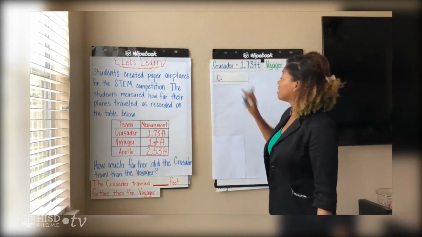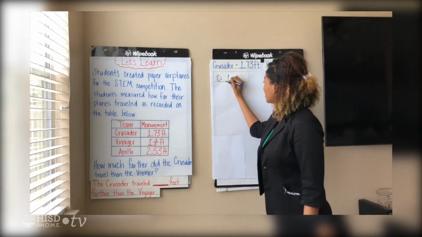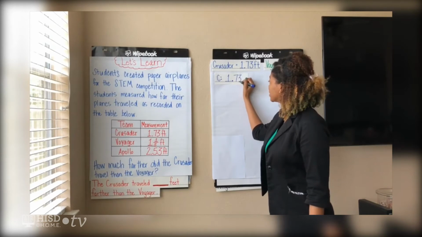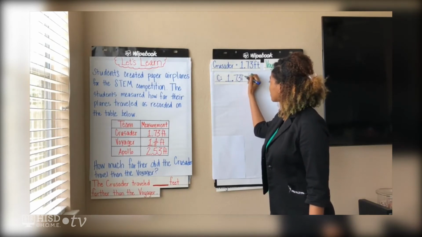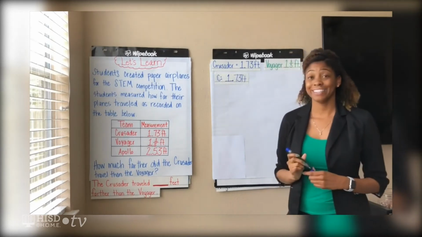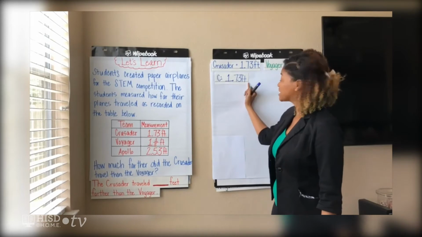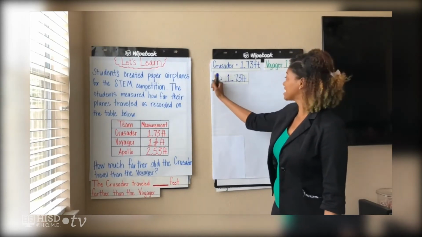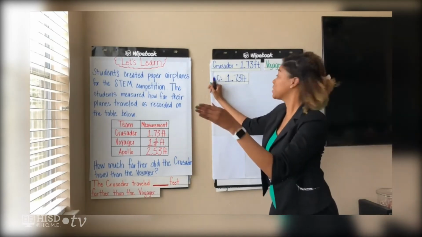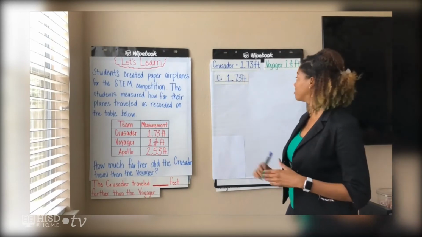And I'm going to write on my bar that this bar is the measurement of 1 and 73/100 feet. That's my Crusaders. This is the start, and this is where it ended. So if my Crusaders stood right here at the start line, threw the airplane, and it landed right here, that's how far the Crusaders traveled.